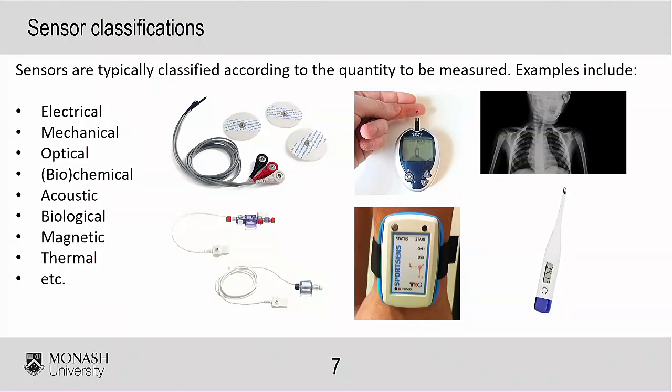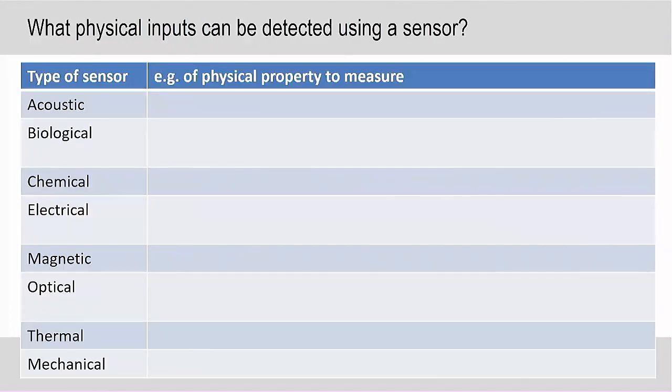We have biological sensors here, X-rays here, temperature here. We also can have mechanical, optical, biochemical, acoustic as well, for instance, a stethoscope, biological, magnetic, thermal, and so on. So there's a lot of different classifications for them.